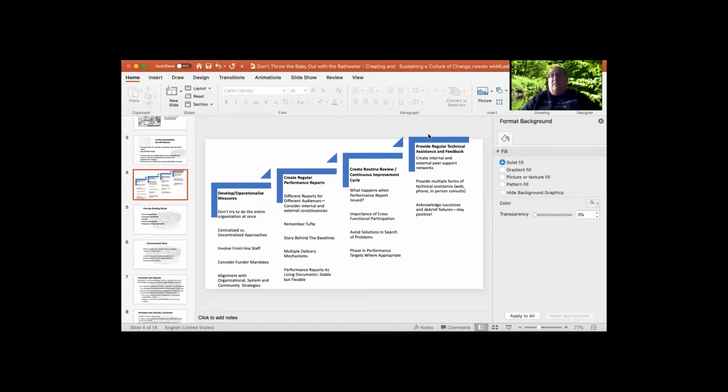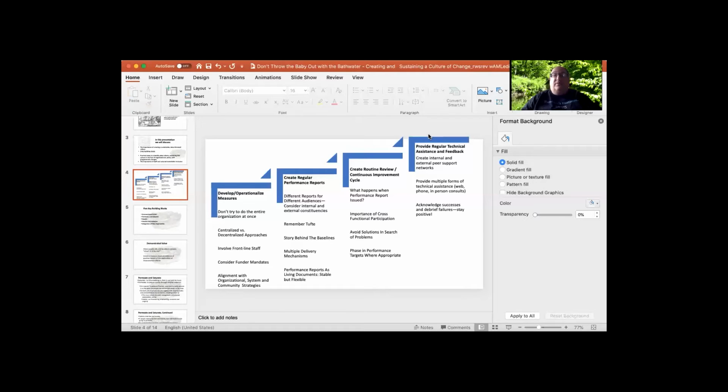And those principles regarding data display become very important then. Also remember the RBA concept of the story behind the baselines. Whenever you report measurement information, make sure you're providing enough context and enough interpretation so that people can understand them appropriately, and that way you avoid misinterpretation or misuse of them potentially.